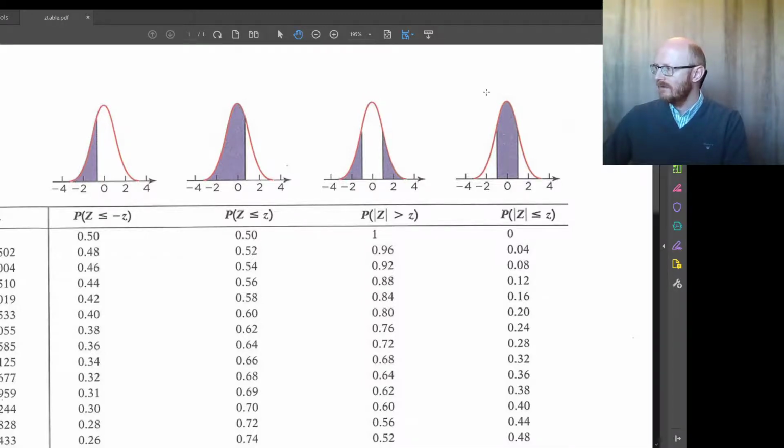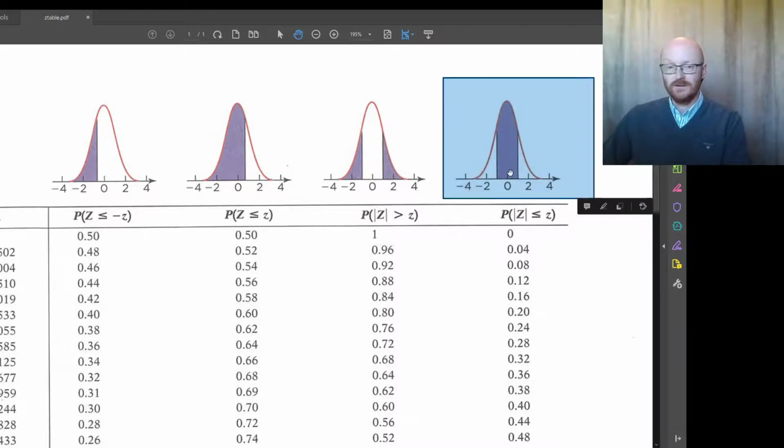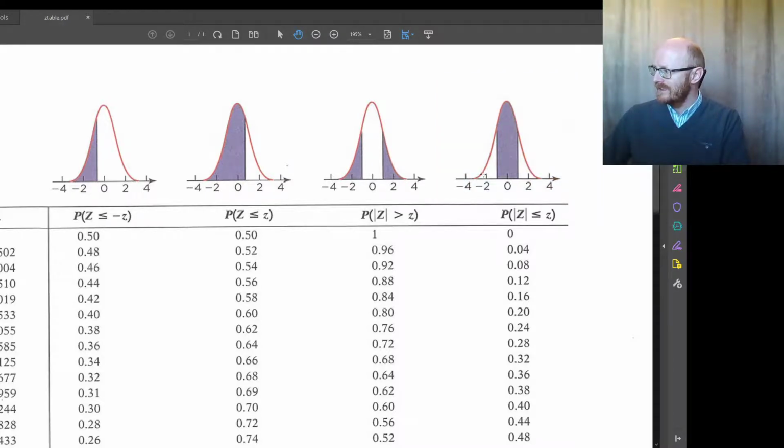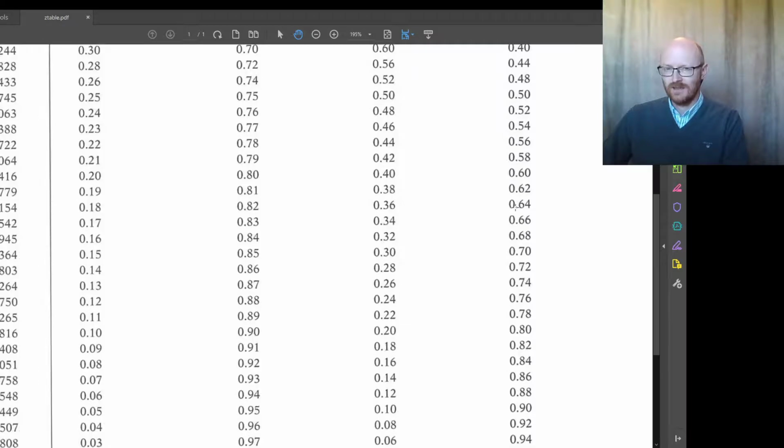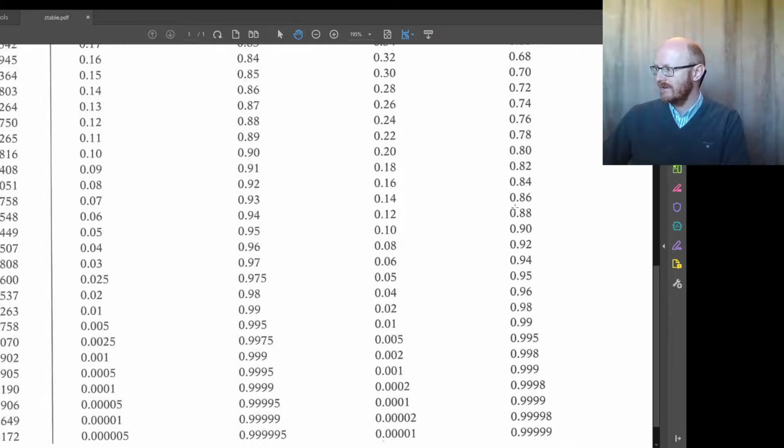Here we have this area under the curve, and the confidence interval is two-sided, so we go both up and down from the mean to cover a certain range. How far do we have to go to cover 0.95 or 95% of the area?